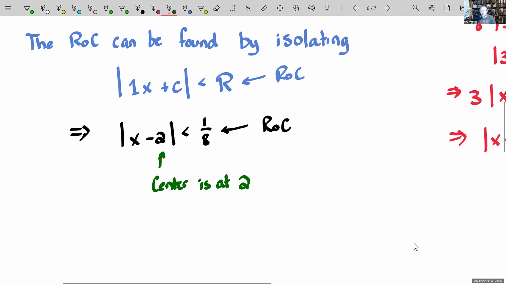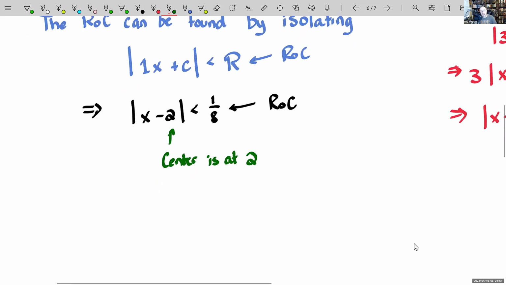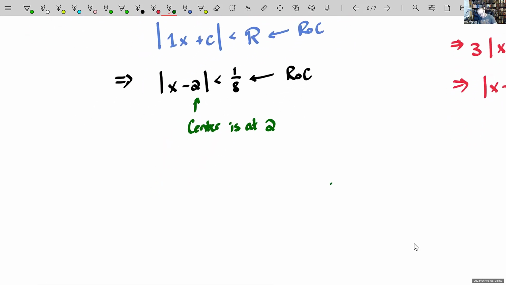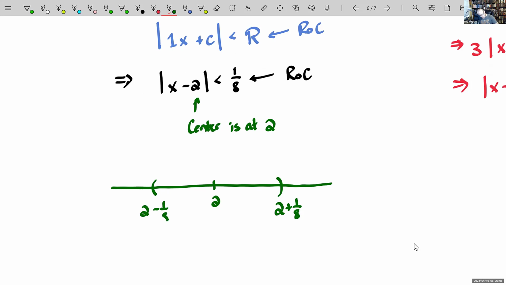So we have an interval centered at 2, and we know its radius of convergence is 1/8. So it's 2 plus 1/8 and 2 minus 1/8. We're guaranteed convergence at least on the open interval. We still have to check the endpoints. But that is roughly our candidate interval of convergence, if you will.